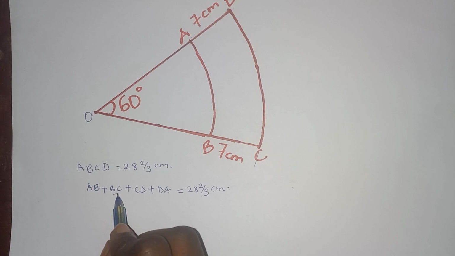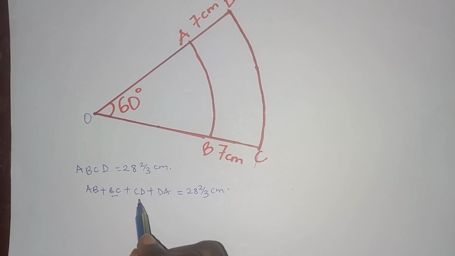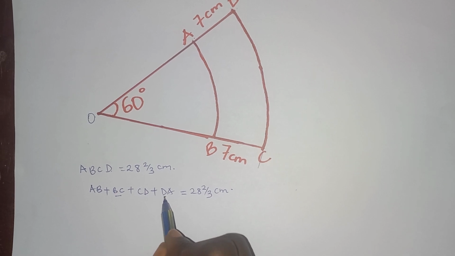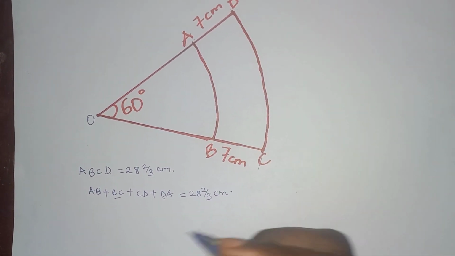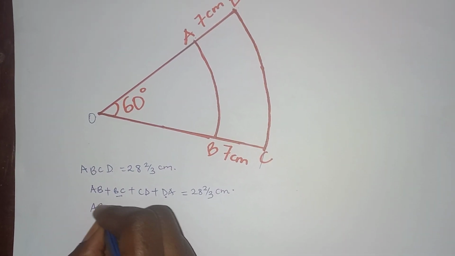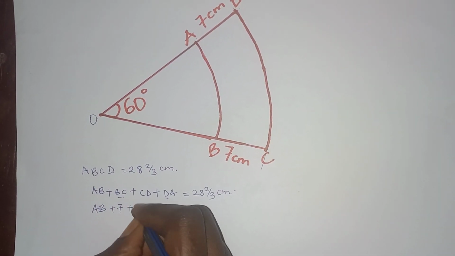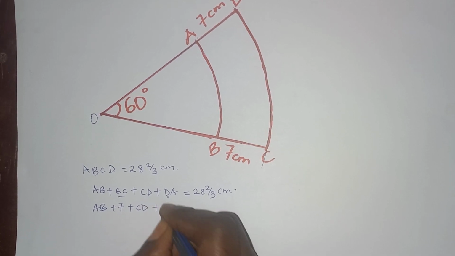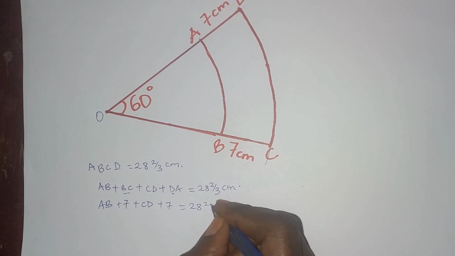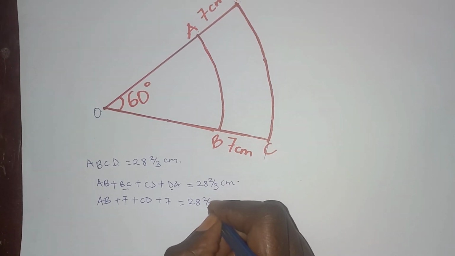BC and AD, which is DA, it's the same, we know. So we know that AB plus 7 plus CD plus 7 is equal to 28 and 2 over 3 centimeters.